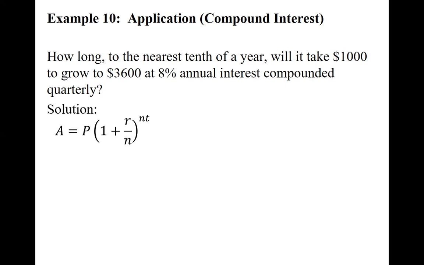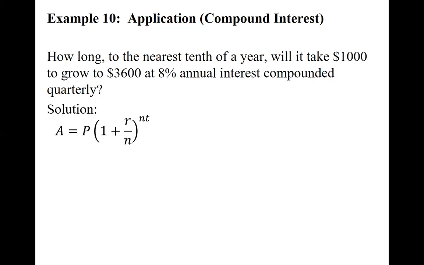If we plug in what we know into this formula, the principal is 1,000, that's P. The end amount, we want it to be 3,600, so that's A. R will be 8% as a decimal, so 0.08.